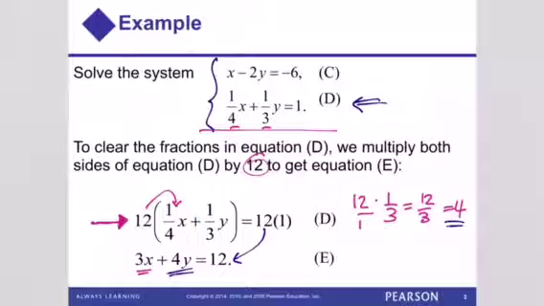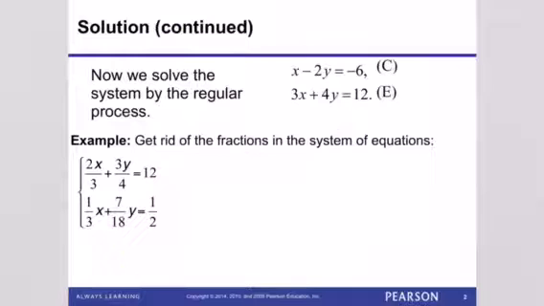So you'll notice we now have a new equation that has no fractions in it, but it's equivalent to the original equation. To finish this, you would solve this set of equations just like we did the other ones, elimination or substitution or graphing. And you'll see that equation E is the one we came up with when we got rid of the fractions.